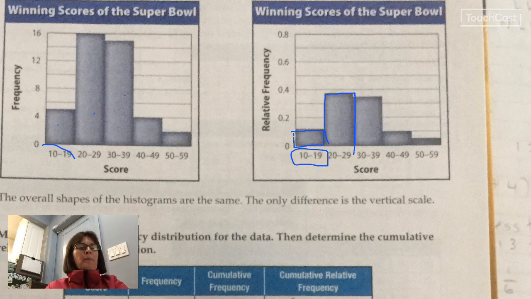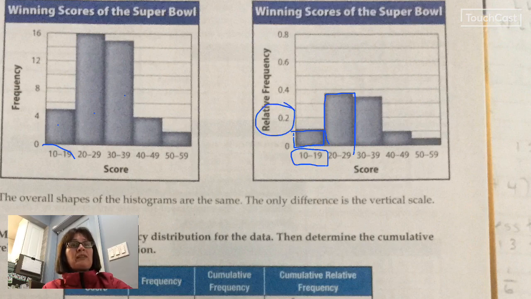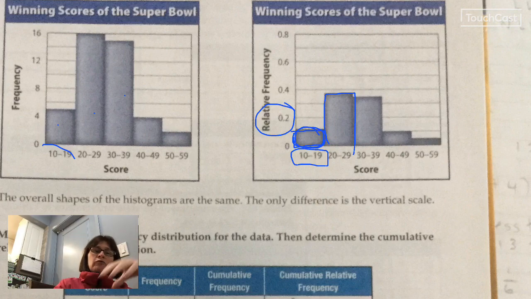Again, notice the shape is the same. It's just my scale on the vertical axis that is different. Here it's a fraction of how much the data in this category represented from the total amount of data we had.